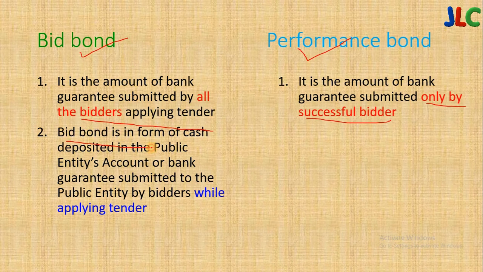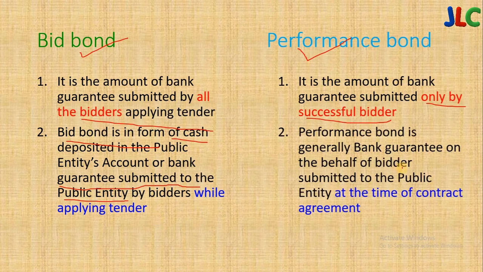Now bid bond can be in the form of cash or bank guarantee to be submitted to the public entity while applying tender. Performance bond is also the bank guarantee submitted at the time of contract agreement. So this is the difference when they are submitted and who submit them.